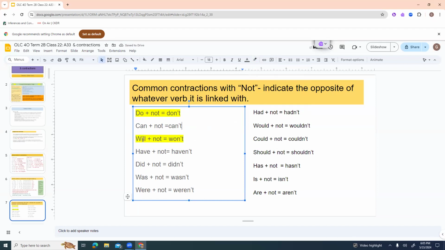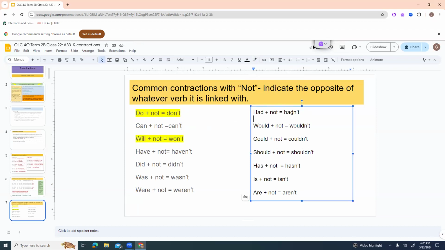And what they did was they ended up dropping those L's, right? And then here we have had not, hadn't, would not, wouldn't, could not, couldn't, should not, shouldn't, has not, hasn't, is not, isn't, are not, and aren't.